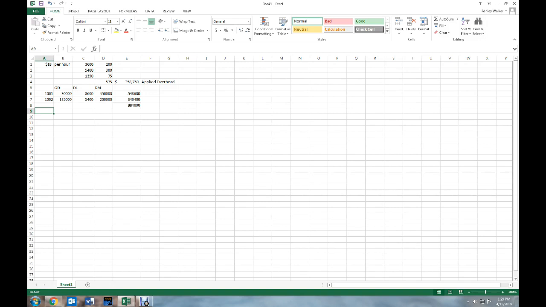And so our cost of goods sold, unadjusted, we only sold one of them. So let's set it up this way. Cost of goods sold would have had the production costs of job number 1001, so 543,600.